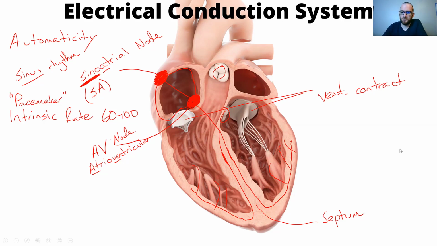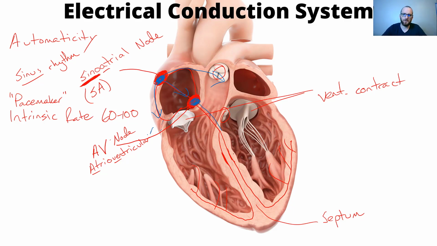If I can just change colors here. So we have, again, that atria, or that SA node fires, or we call it depolarizes, right? And that electricity travels through the atria, and then it gets held up in that AV node, split second, allowing for the atrial contraction to happen.